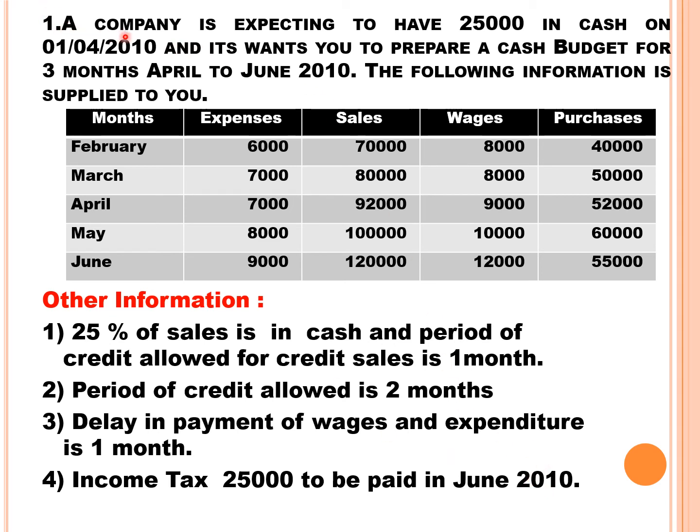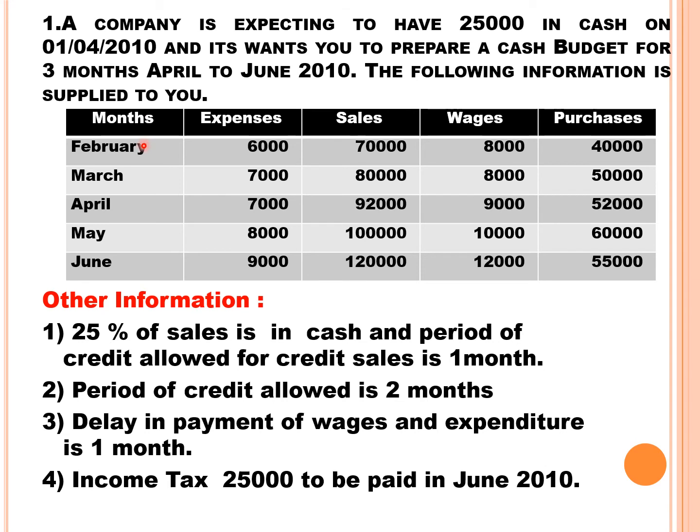A company is expecting to have 25,000 in cash on 1st April 2010. That is, the opening cash balance is 25,000 as on 1st April 2010. And it wants you to prepare a cash budget for 3 months, April, May, June. The following information is supplied to you.